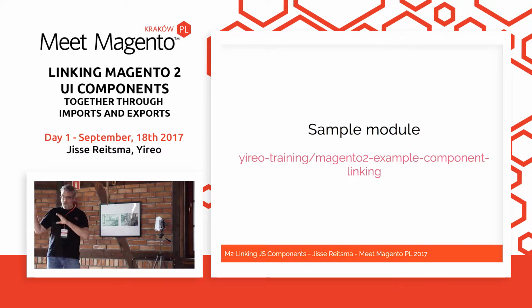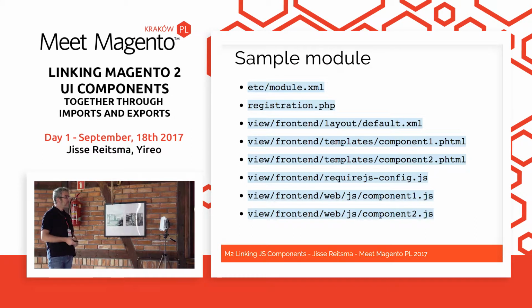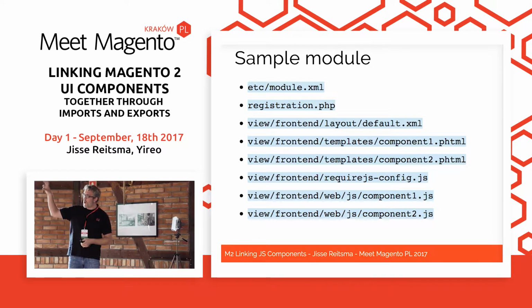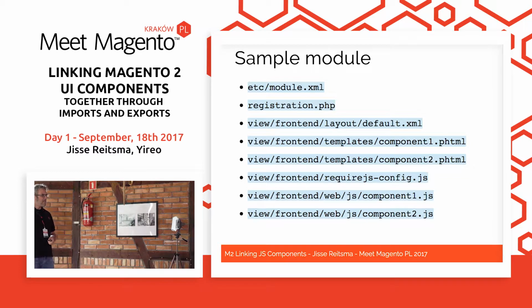I'm getting to that. First of all, I created a small module which is on GitHub, so all of the code samples are there to have a peek at. It's not complex, it's composed of a couple of files. The first two files simply register the module in the first place. I'm using a little bit of XML layout to initialize the block classes that I'm going to work with.